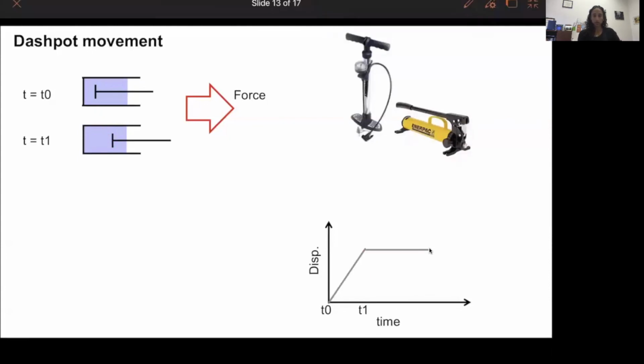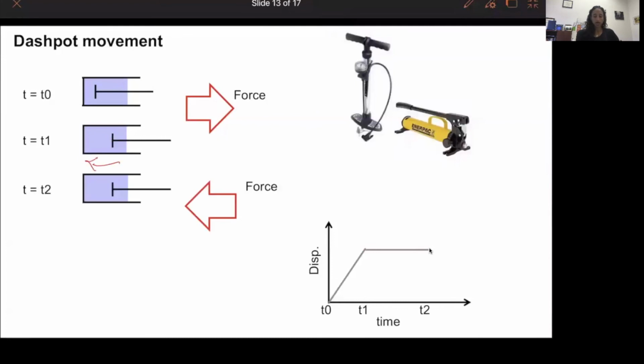As we hold on to this deformation and keep it constant, it will stay there because there's no force pushing it back. It won't just drop down. Whereas in the bike pump example I showed, if we had this vertically, the weight of the plunger itself would allow it to move backwards in this direction.